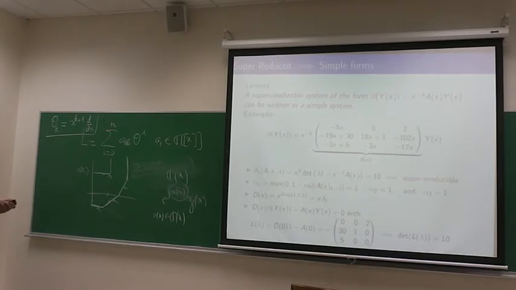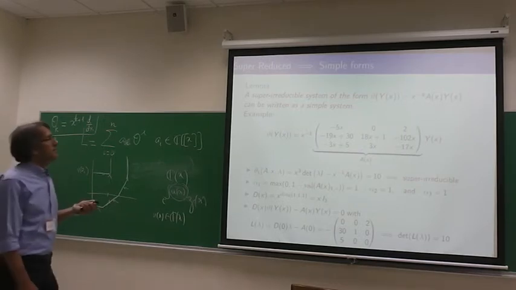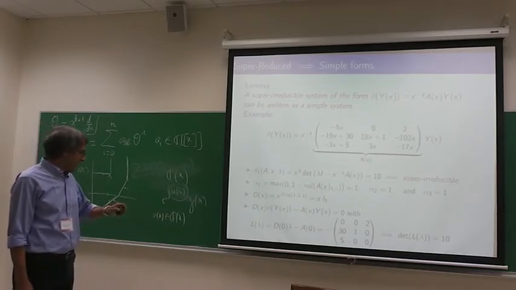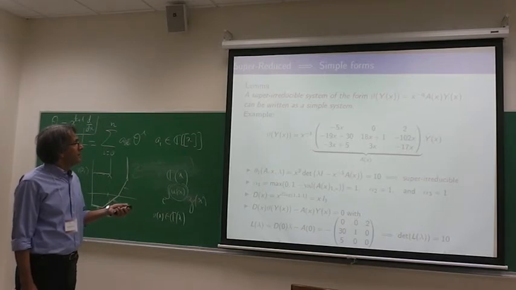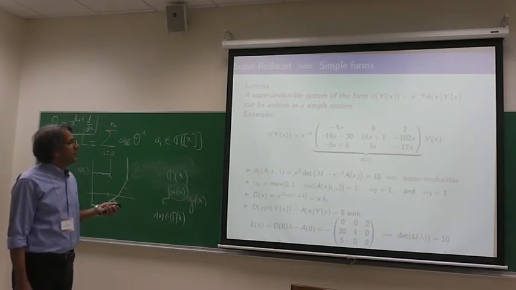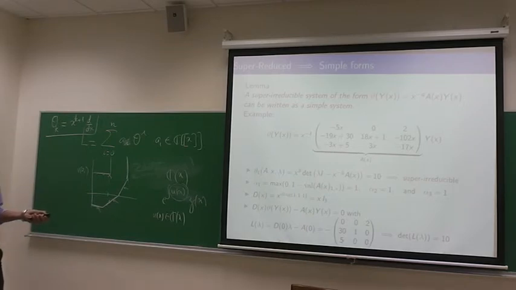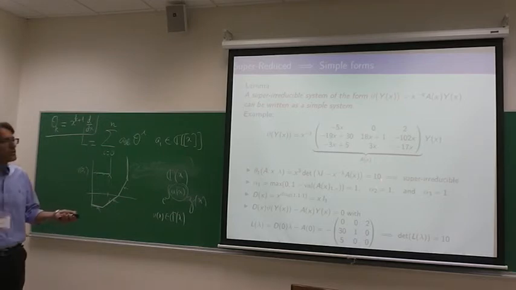Any super reduced system can be written as a simple system. Here is an example, but I have to hurry. Here, if you take k equal to 1 and compute theta 1, it turns out that it's equal to the constant 10.